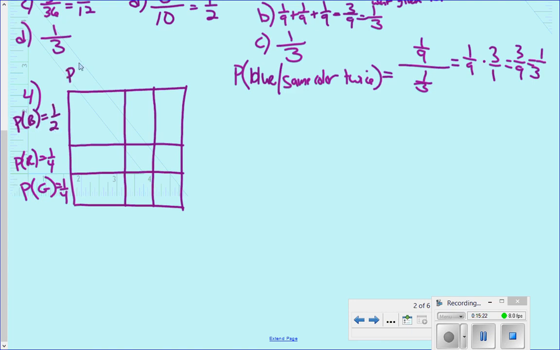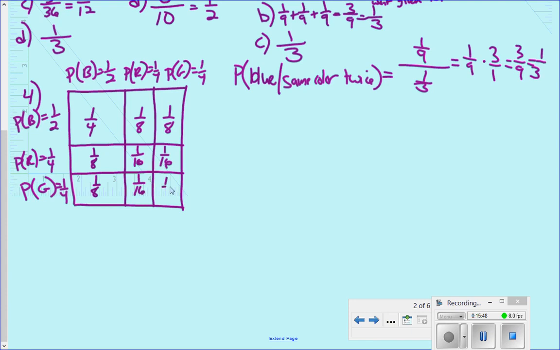Same thing for the other spin. And then I'm just going to multiply: 1/4 times 1/2 is 1/8, 1/8, 1/8 again, 1/16, and again 1/8, 1/16, and 1/16.